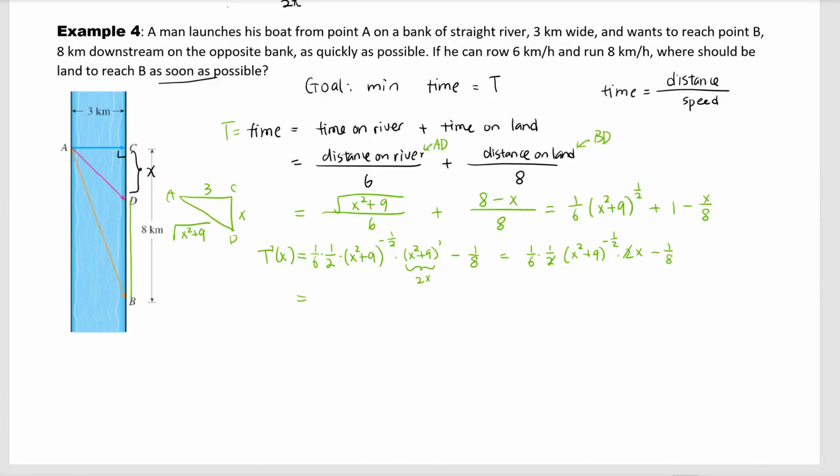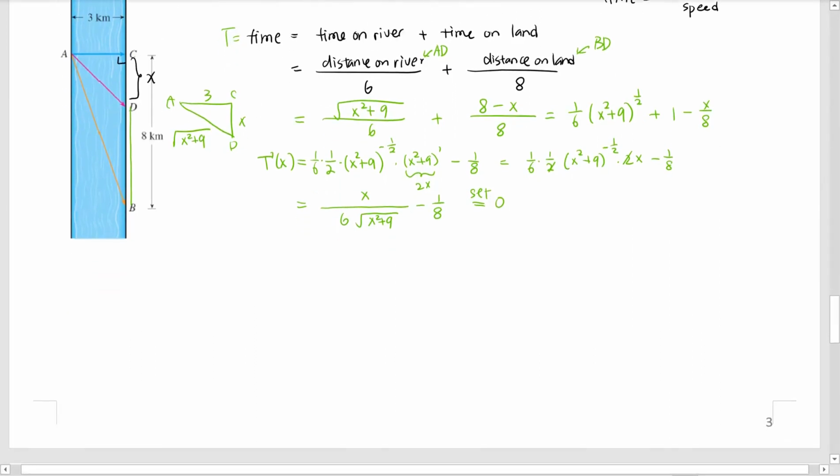If you see a factor with negative exponents, that means it lives in the denominator. So it lives in the denominator, and the numerator is x minus 1 over 8. Okay, everybody? We could take the common denominator and try to factor it, but because this is quite complicated, let's set it to 0 and solve.